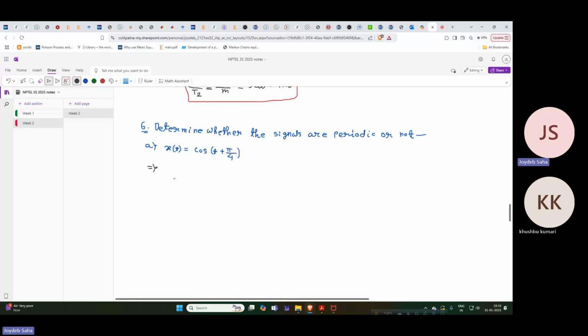Okay, so let us write it in such a way that x(t) is cos(t + pi/4), which is equal to cos(omega 0 t + pi/4), where omega 0 is 1.